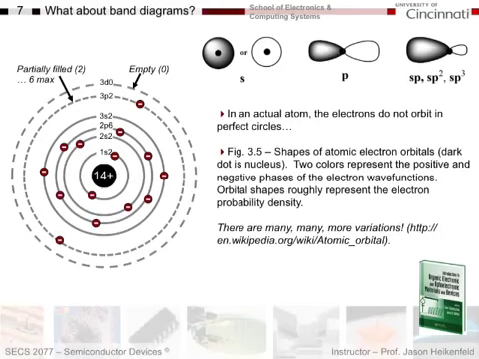Now, let's keep moving in terms of the band diagrams and starting to understand a conduction band versus a valence band, which we don't have in organics, but we'll have something similar. So in an actual atom, the electrons do not orbit in perfect circles. Okay? And so here you have some example electron orbitals for very simple 2-electron, or I think that this might be for hydrogen for this case, but it's some of the first orbitals you have for an atom.